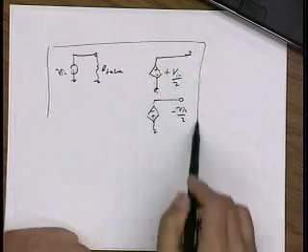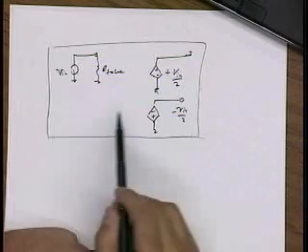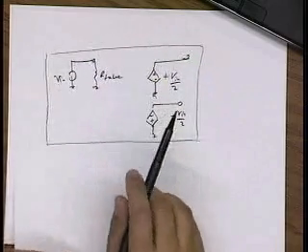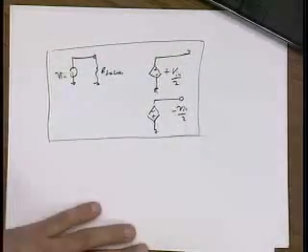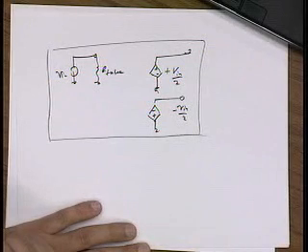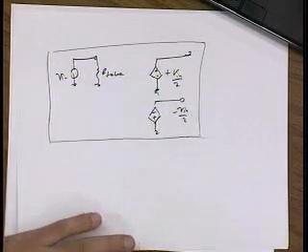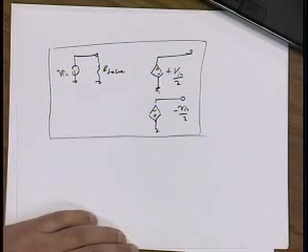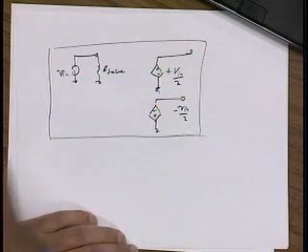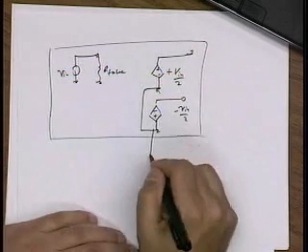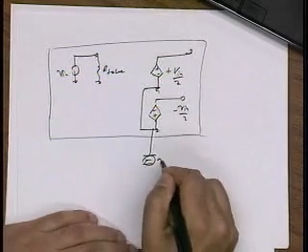But there's actually a better way of doing it. Anybody want to point out a problem with doing something like this? Yes, Christian. Is it that you haven't set up your common mode? Yeah, I could do that. I could now put a common mode voltage here.